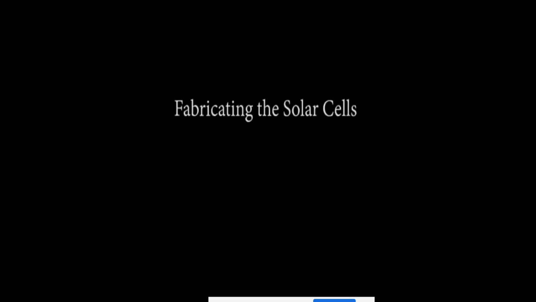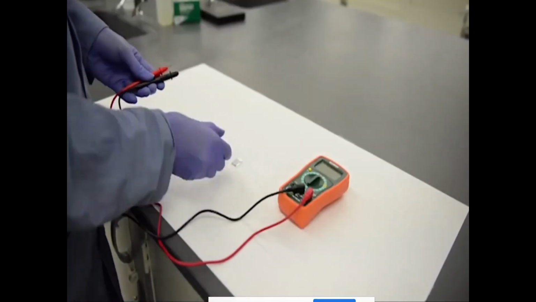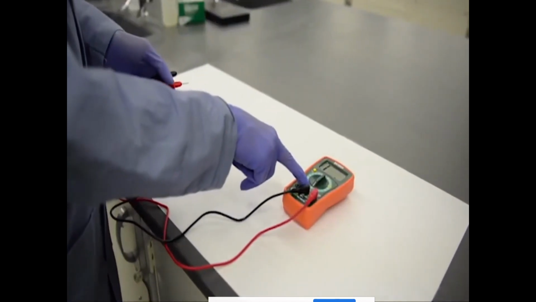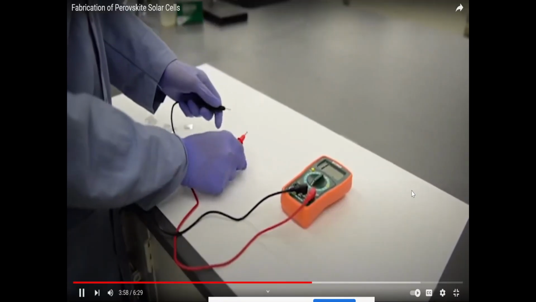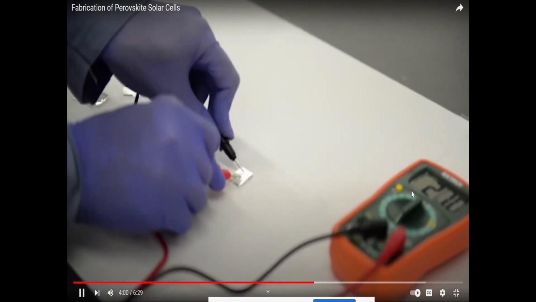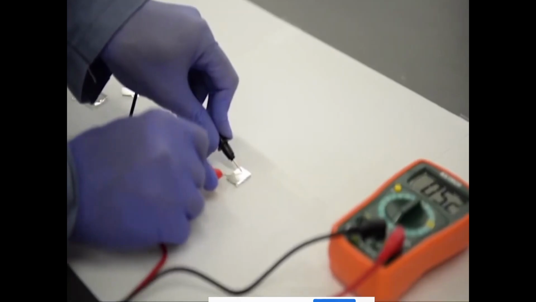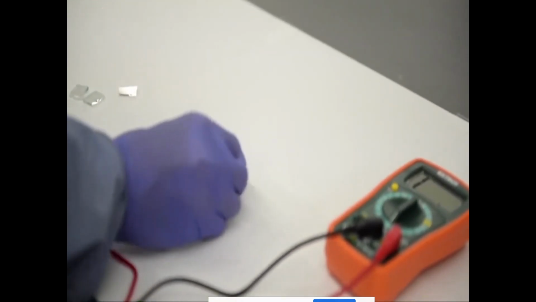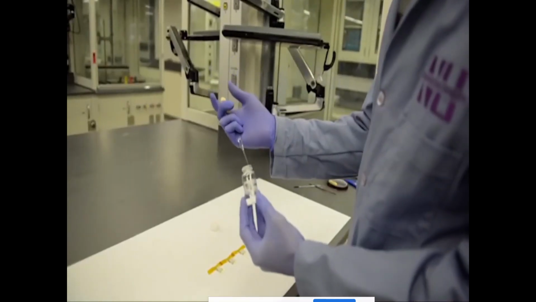In the first step, we will determine the conductive side of FTO glass. To determine the conductive side, we set the multimeter to resistance mode, plug the two leads into the multimeter, and measure the sheet resistance on each side using the probes. The uncoated side will not give any value. To deposit the titania layer, place the FTO glass on the benchtop with the conductive side facing up.